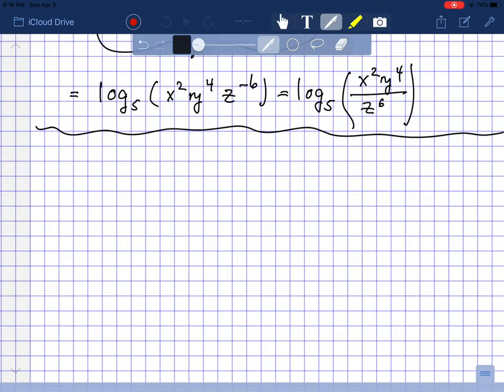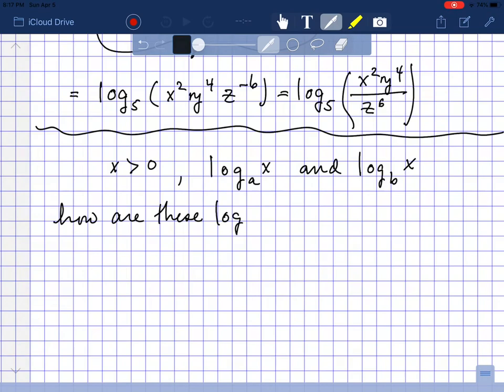So, suppose I have a number x greater than 0, and I'm looking at the log base a of x and the log base b of x. How are these related?